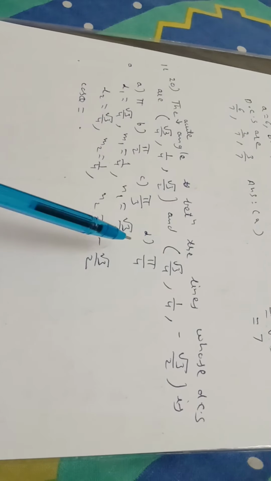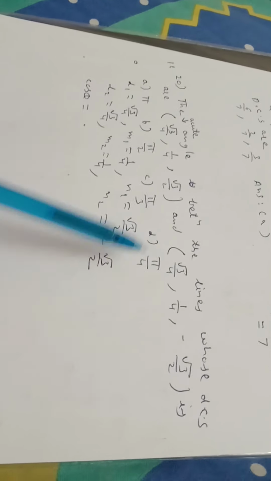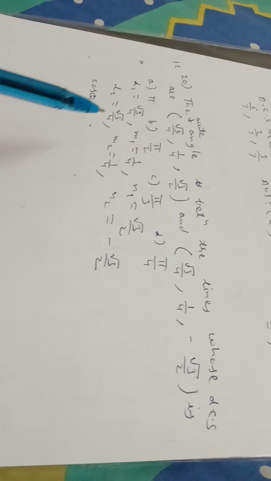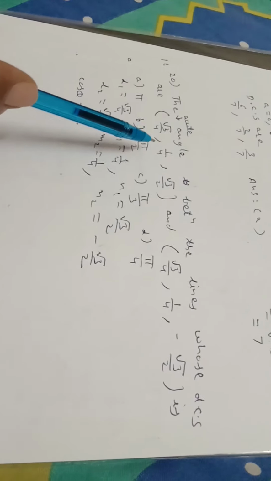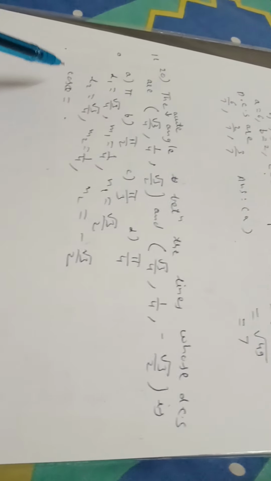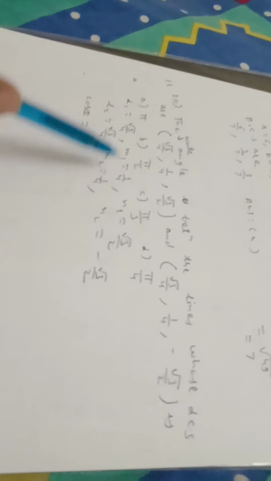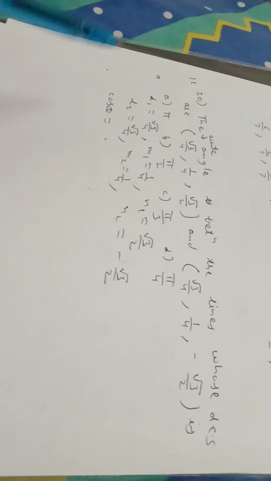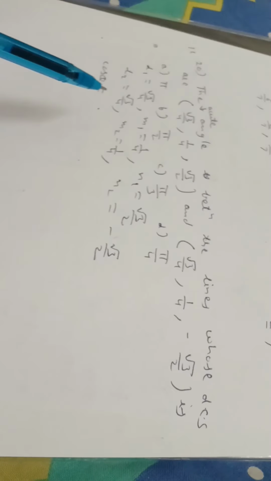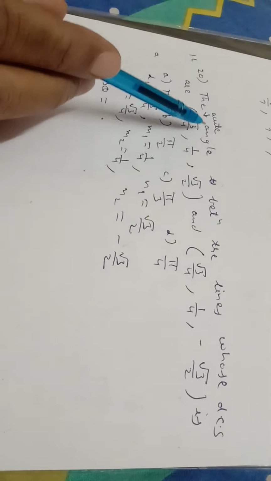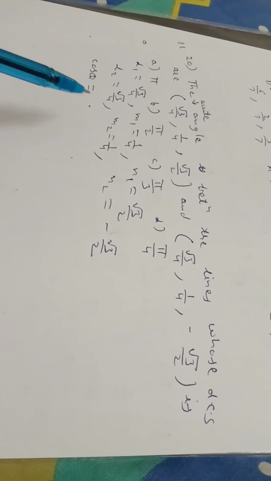So direction cosines of two lines are given and we have to find the acute angle between them. As these are the direction cosines for two lines, we have denoted them by l1, m1, n1 and l2, m2, n2. We have to find the acute angle between the lines.